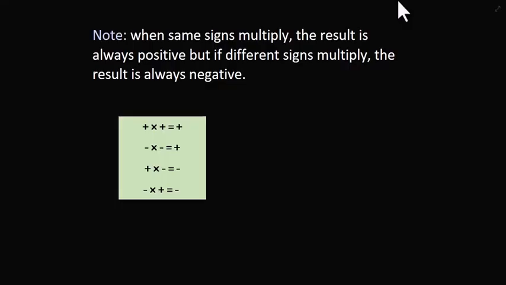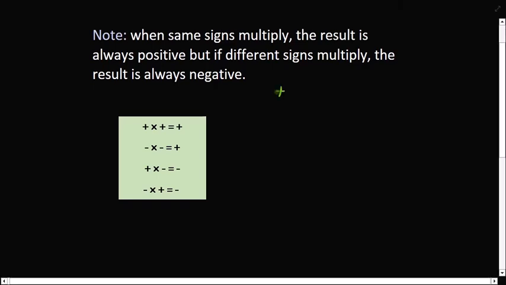When the same signs multiply, the result is always positive. But when different signs multiply, the result is always negative. To explain the table you can see here, you can always construct this table on your own. Just know that when same signs, such as plus times plus, multiply, the answer is always positive.